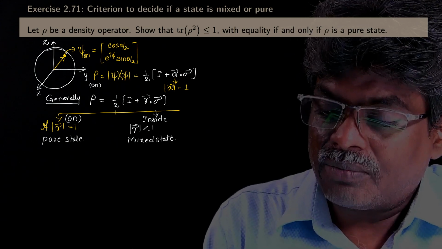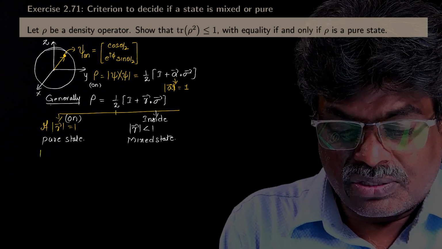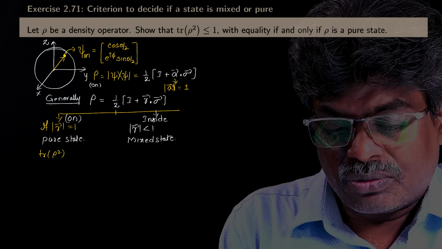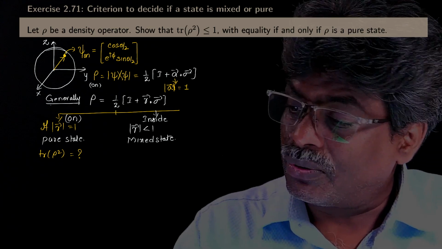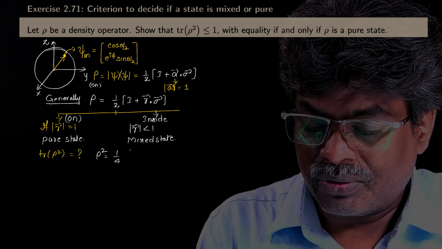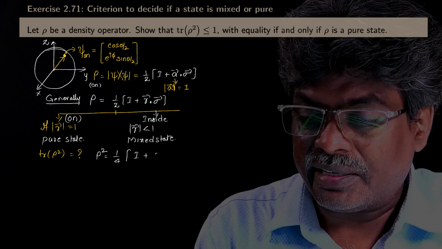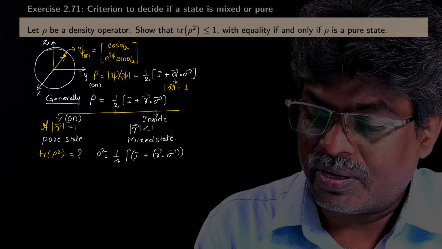Fine. Now come to the question. So here we are going to show the trace of rho square. So we have to find this trace of rho square here. Let us find rho square first. So what is rho square? 1 by 4 into I identity plus r bar dot sigma bar, whole square.